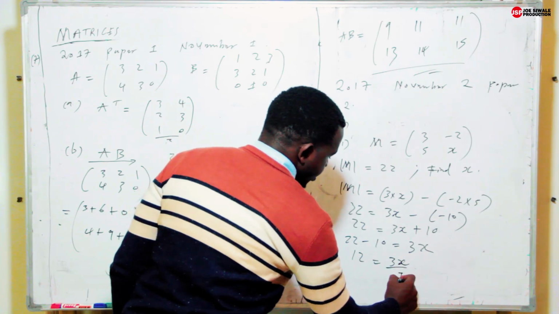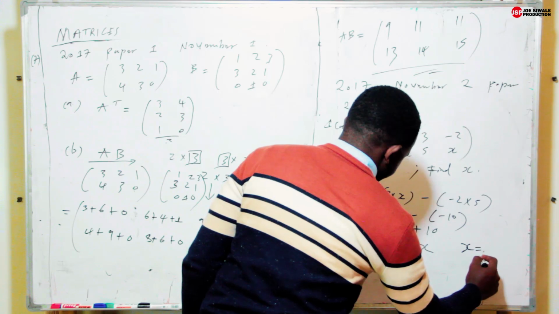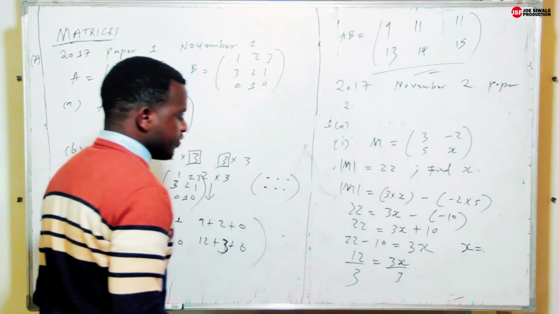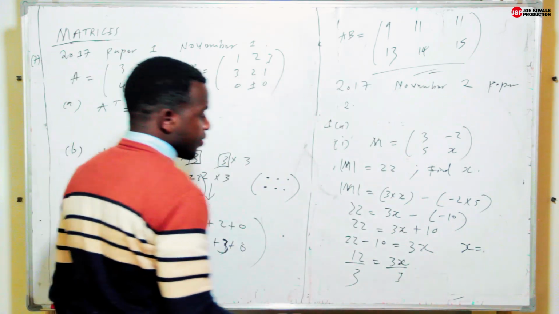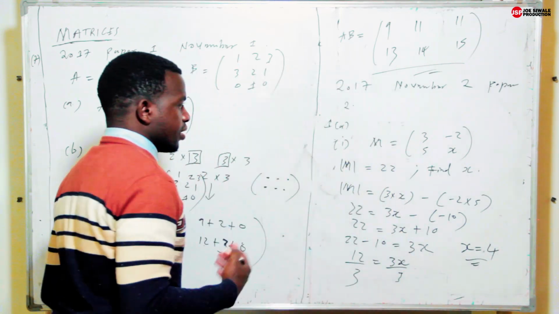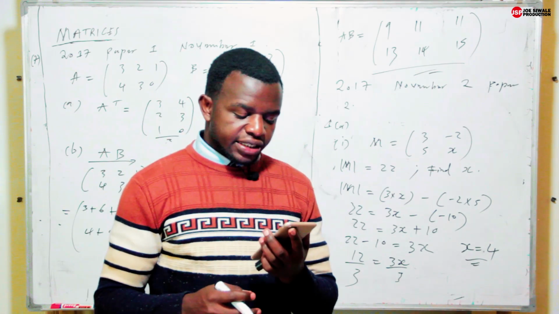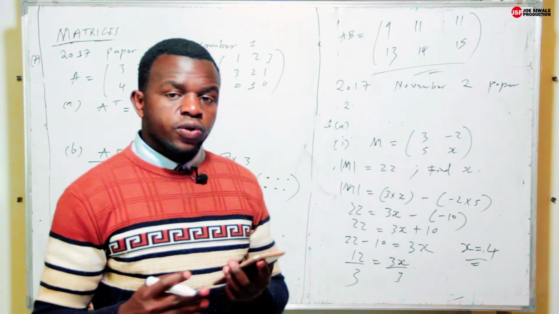So divide by 3, divide by 3. So the value of x is going to be 12 divided by 3, we're going to have 4. So that's our Roman numeral 1. So the value of x is 4.